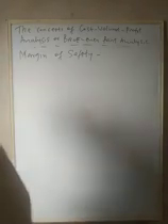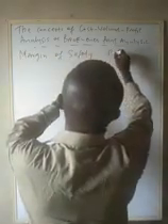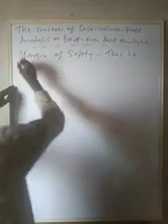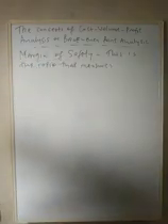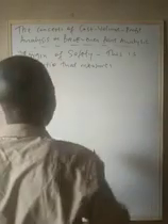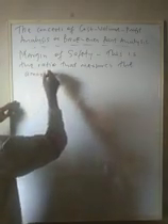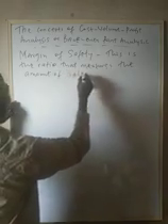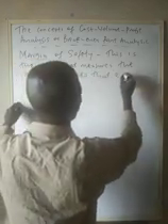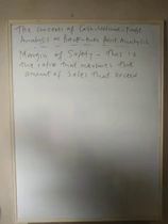Margin of safety is the ratio that measures the amount of sales that exceeds the break-even point.